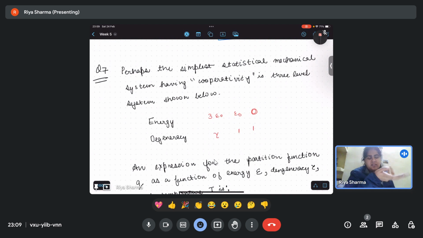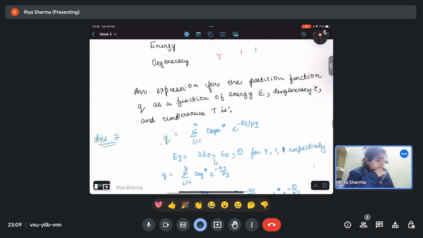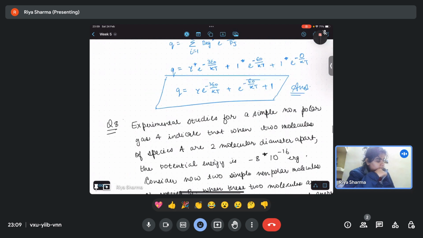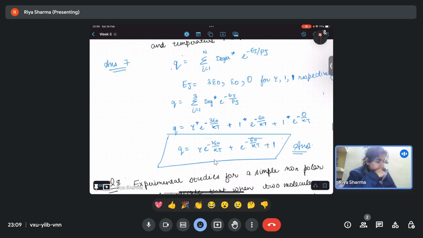So basically we did a 3 model system and 2 model systems where degeneracy and energies have already been given to us, where we have just multiplied. Just remember this formula, which is a good formula. So degeneracy into epsilon minus e raised to power ej by pj.